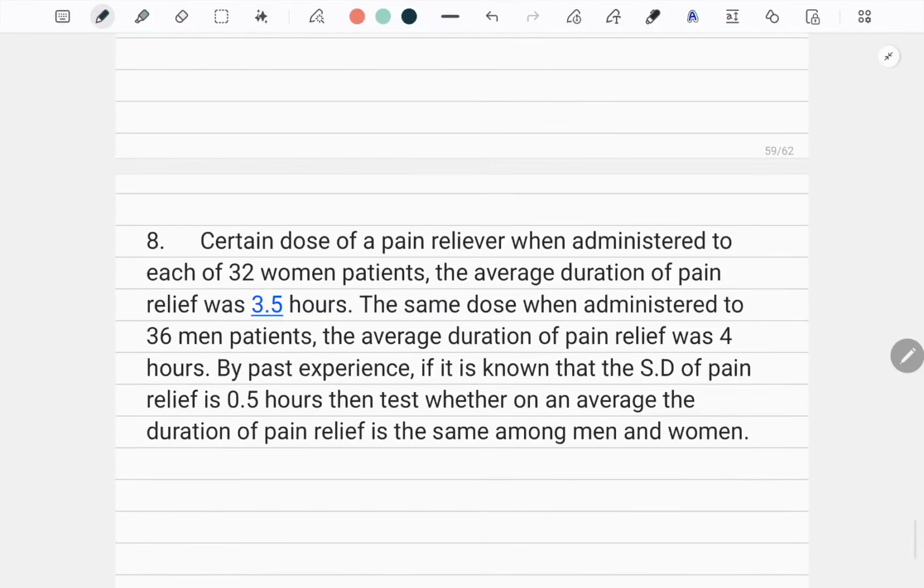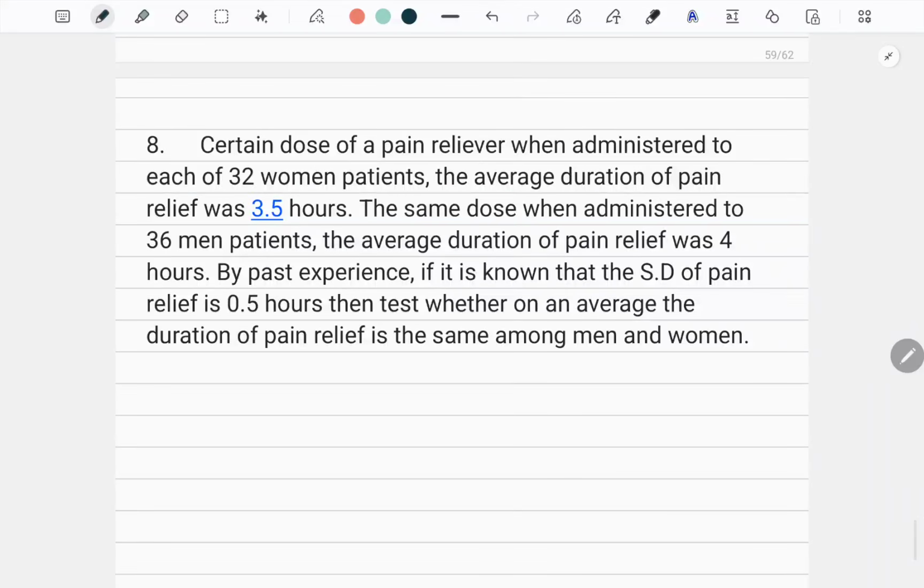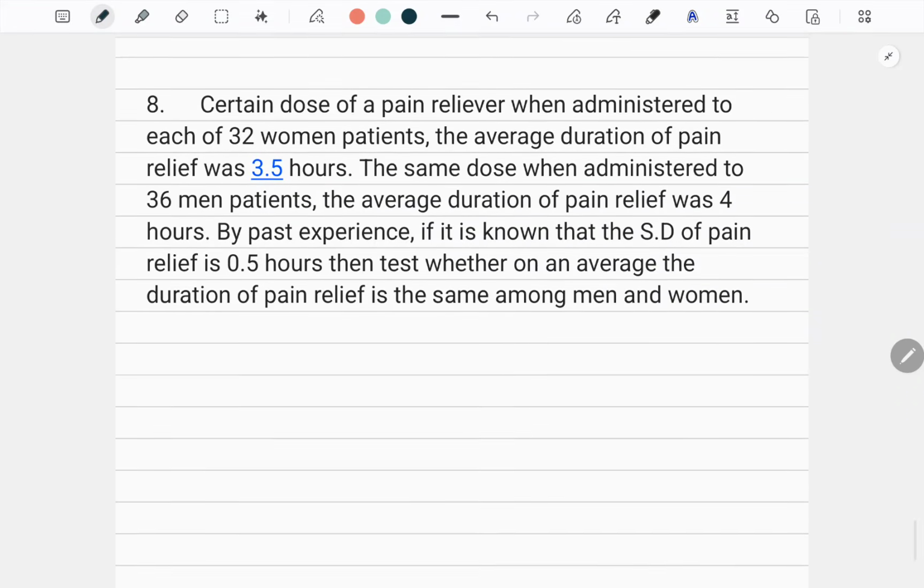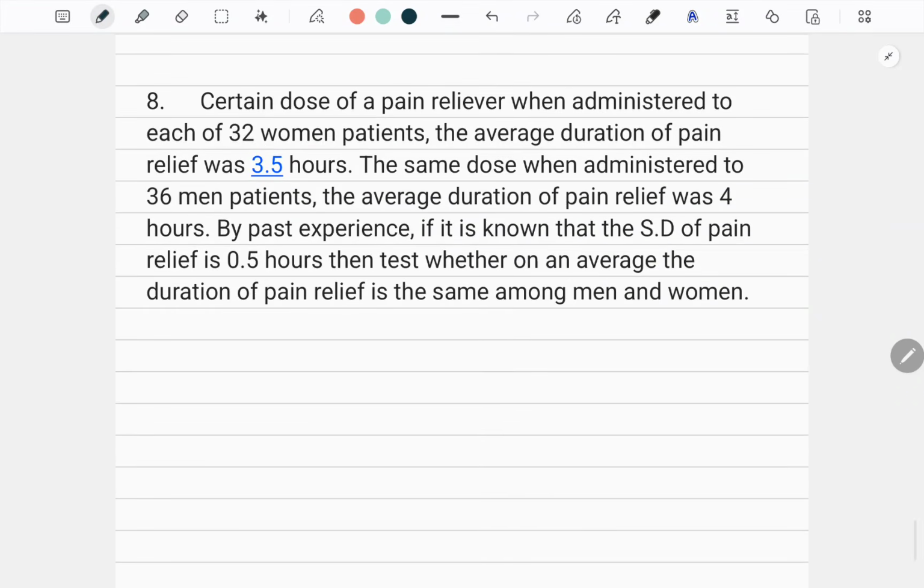Let's move to the next question. A certain dose of pain reliever when administered to each of 32 women patients, the average duration of pain relief was 3.5 hours. The same dose when administered to 36 male patients. Now again two samples are there.